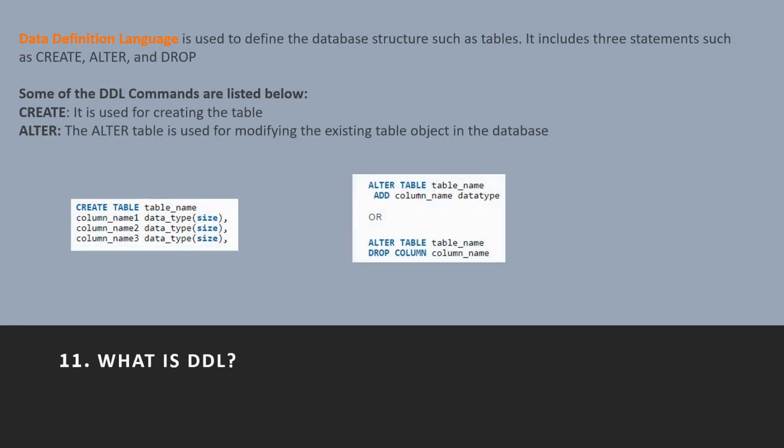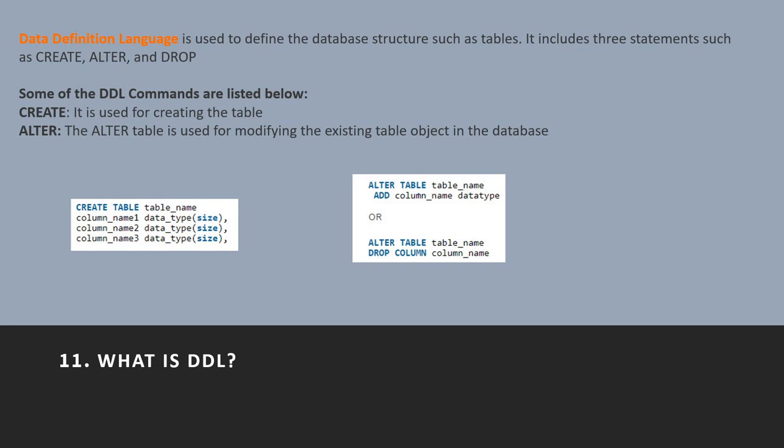What is DDL? DDL is data definition language which is used to define the database structures such as tables. It includes three statements such as create, alter, and drop. And some of the DDL commands here, I have given syntax for it.